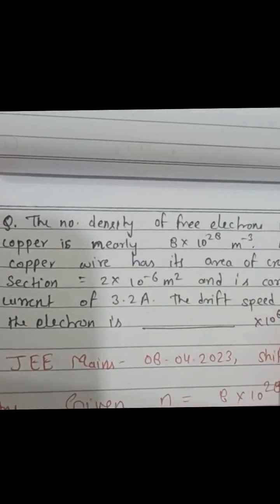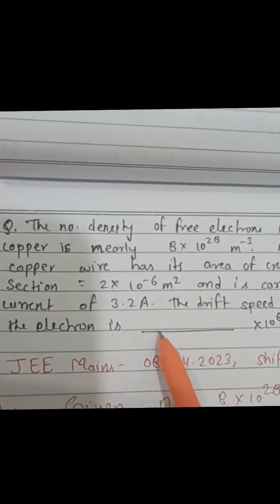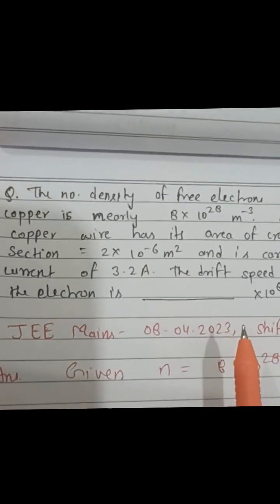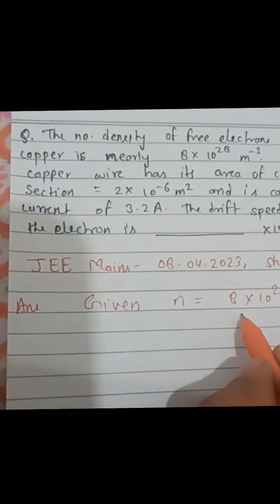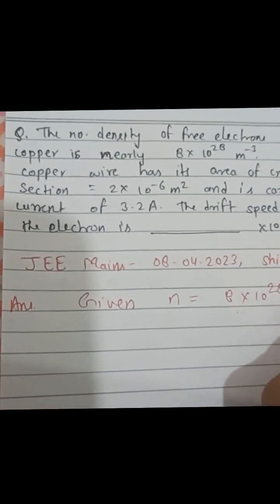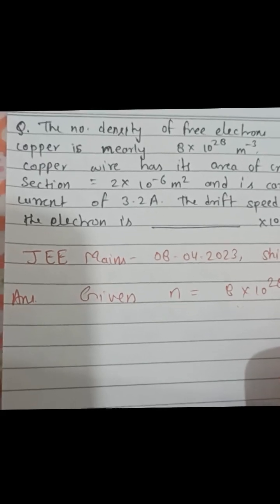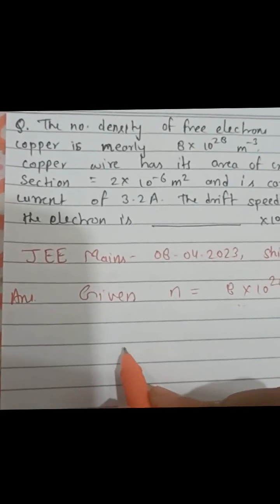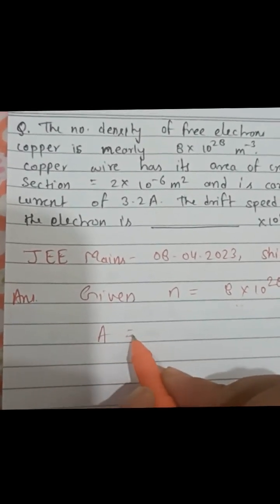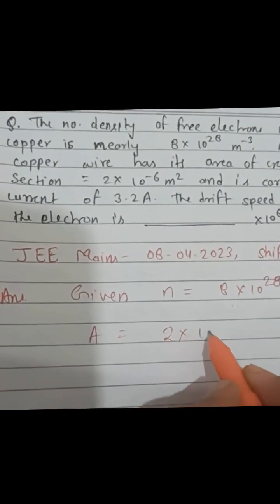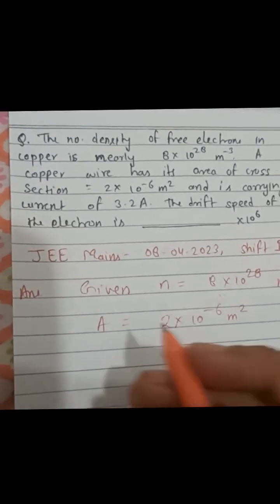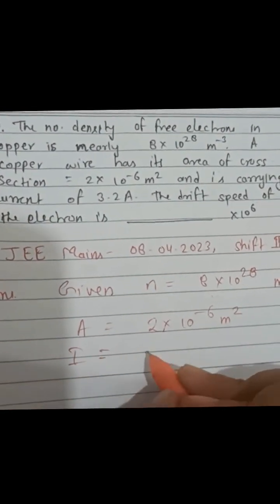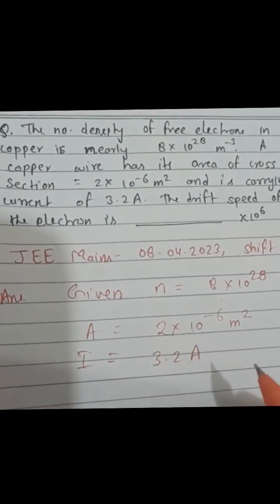We have to find the drift speed of the electron. What is given? N is 8 into 10 to the power 28 meter minus 3, area A is 2 into 10 to the power minus 6 meter square, and the current I equal to 3.2 ampere.